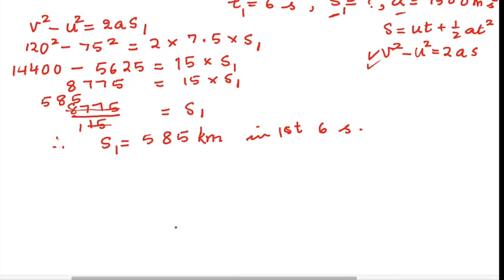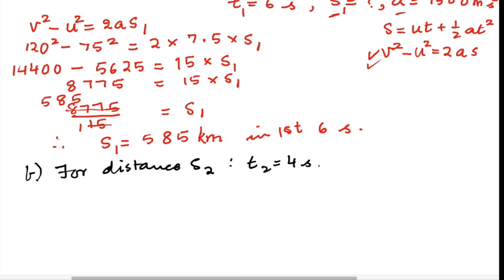Now let us look at the second part. So we'll come to B and we'll say for distance S2. And for S2, remember the motors are not started, the motors are not fired up there, and we are going to have T2 is going to be 4 seconds over there, and we are going to have the velocity is 120 kilometers per second.